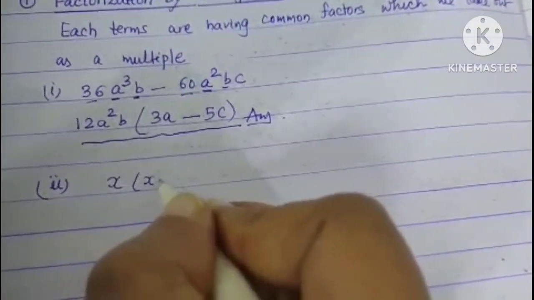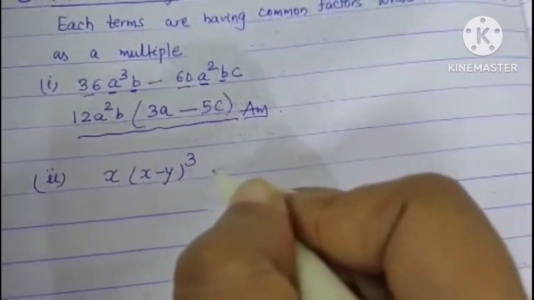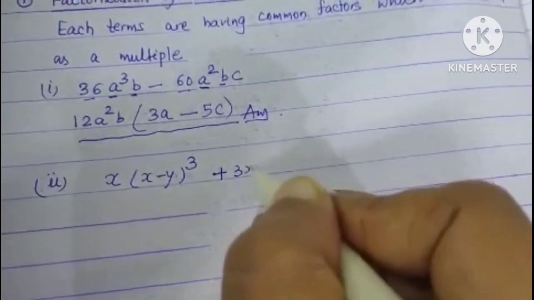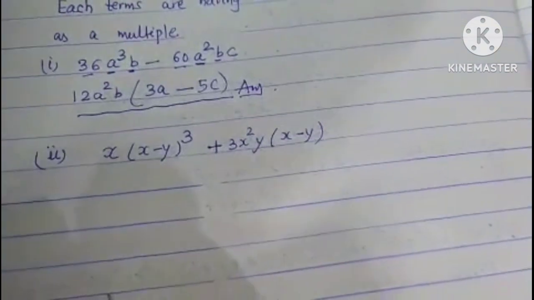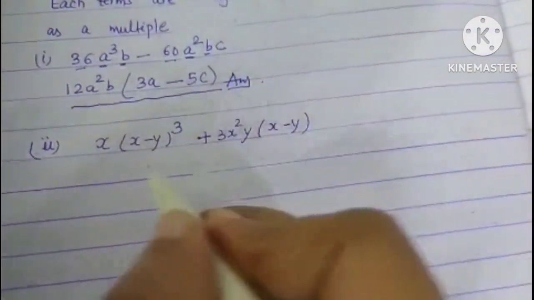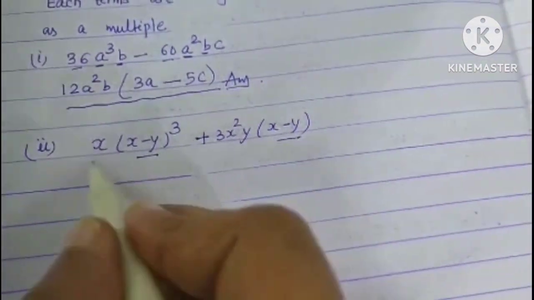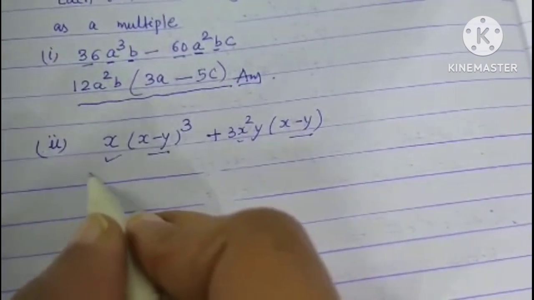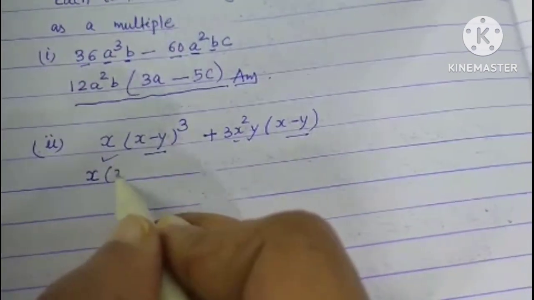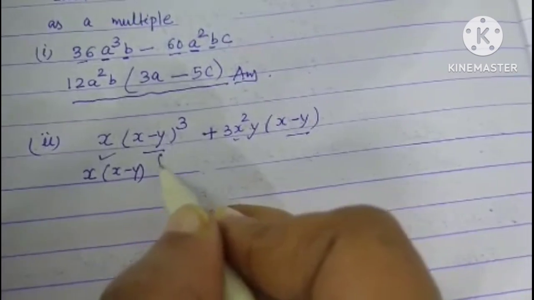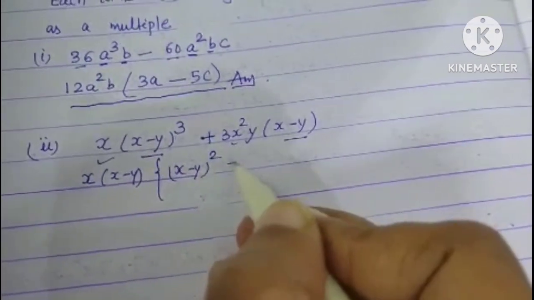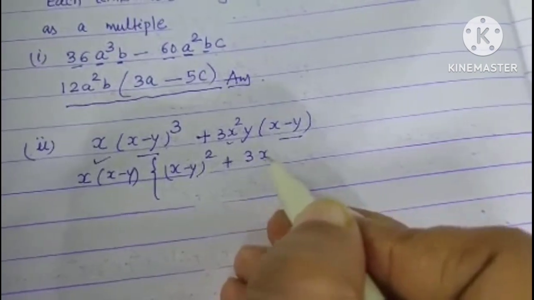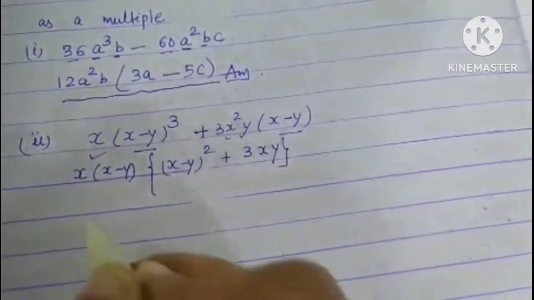x into (x minus y) whole cube plus 3x square y multiplied by (x minus y). Okay, we can see that x minus y and x also is a factor. So let us take x into (x minus y) as a factor. So the remaining is (x minus y) whole square plus 3xy.